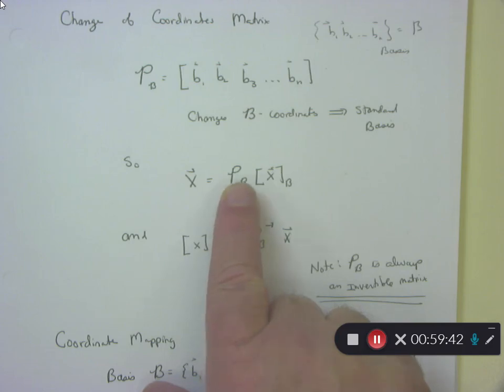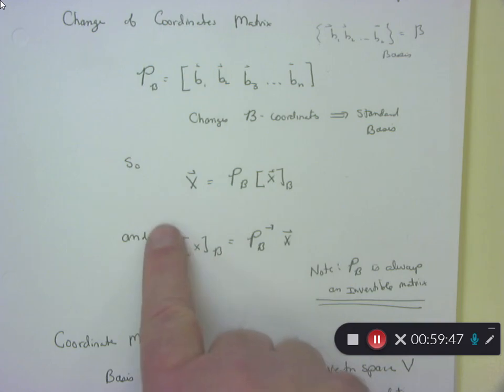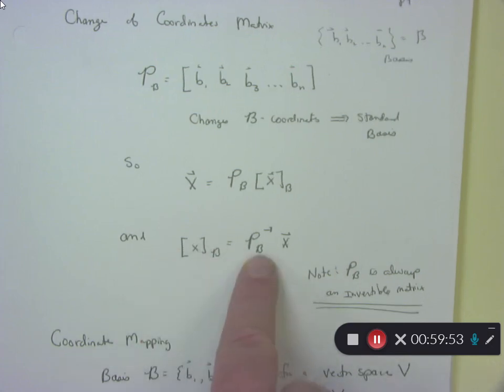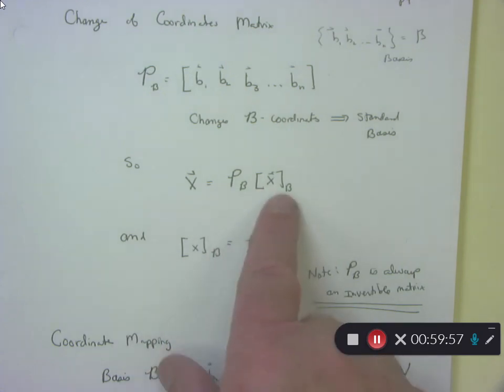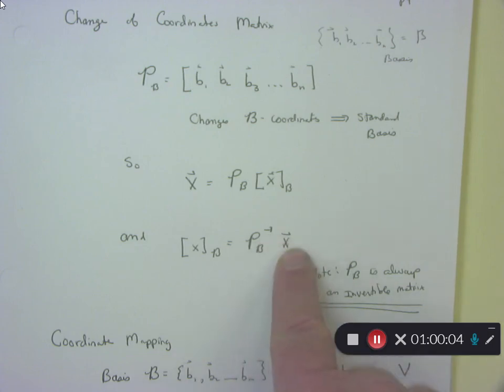The inverse. So I can multiply by the P inverse on both sides. Multiplying by the inverse on both sides, I end up getting that the coordinate vector of x relative to basis B is equal to P sub B inverse times the x vector.